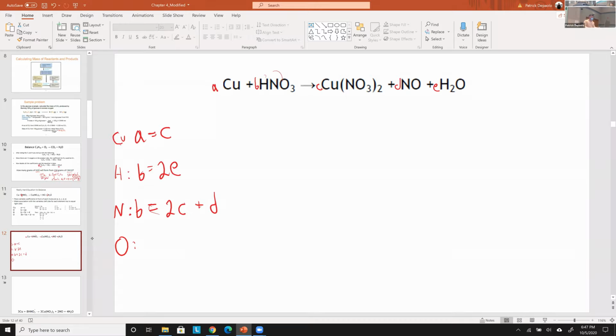Okay, so for oxygen, we know there's 3 here. So we're going to put whatever 3 times B is, it has to equal how many oxygens are on the right. We have 3 times 2, which is 6. 1 here, which is 1. And then 1 here, which is 1.